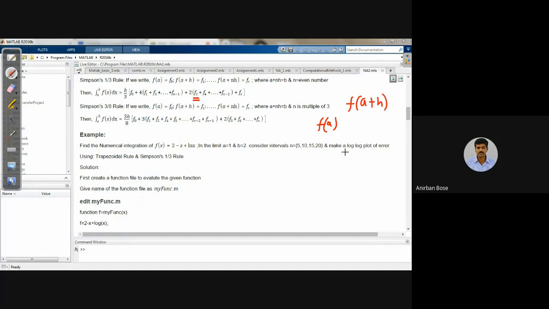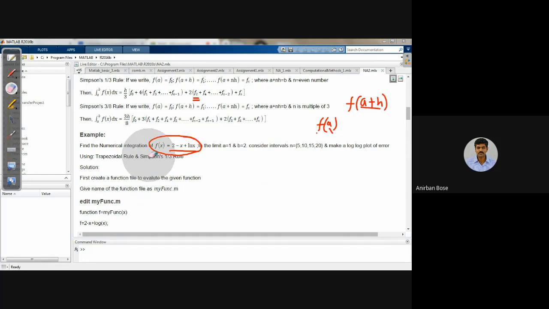So we have to put the value of x as a and calculate this whole quantity, then put a plus h and calculate. So it is better that you create this particular function as a function file, and we'll call it in our script file. That is what we are going to do.